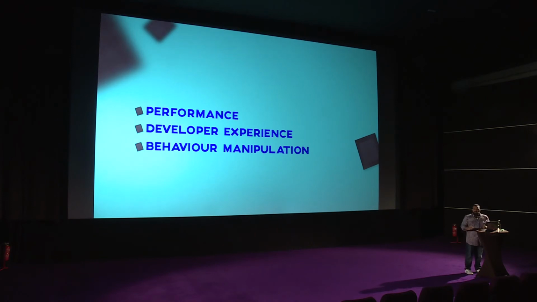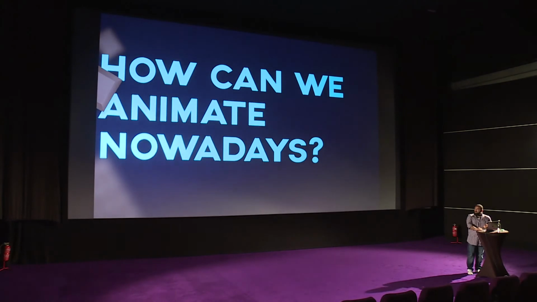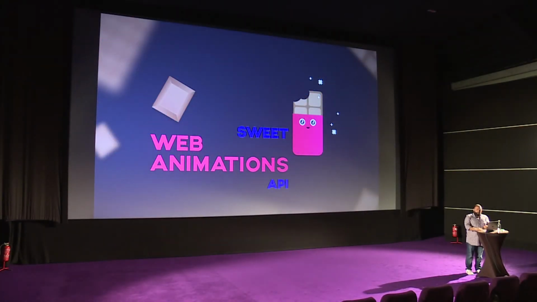And also the behavior manipulation, because if you want to change the state of the dog, for example, I will have to create some other CSS class to work with this behavior manipulation. And that's why we now could use this Web Animations API, this experimental stuff that is here, and we could try.